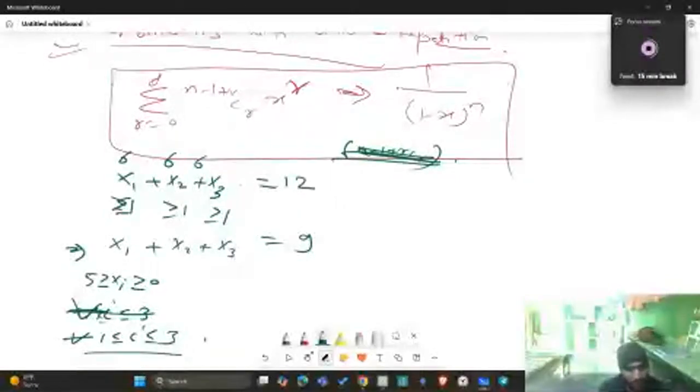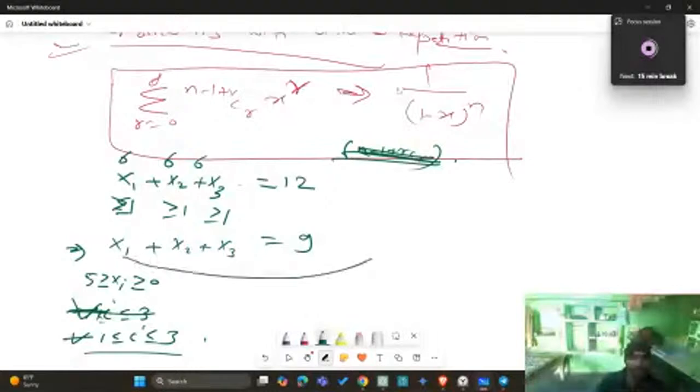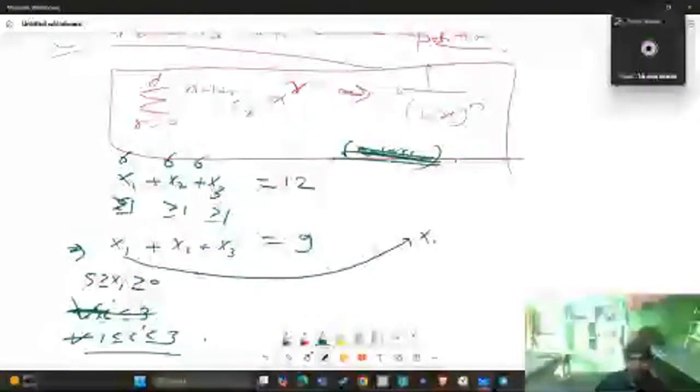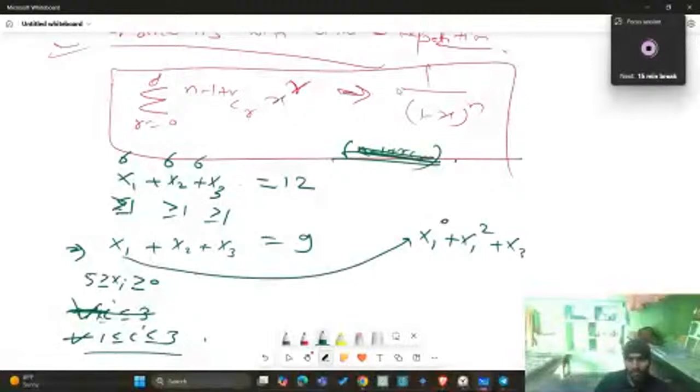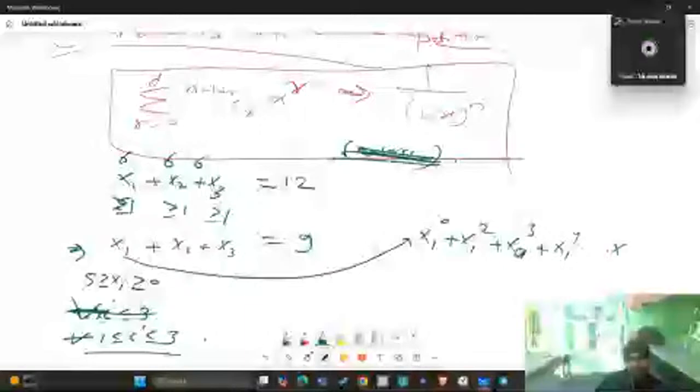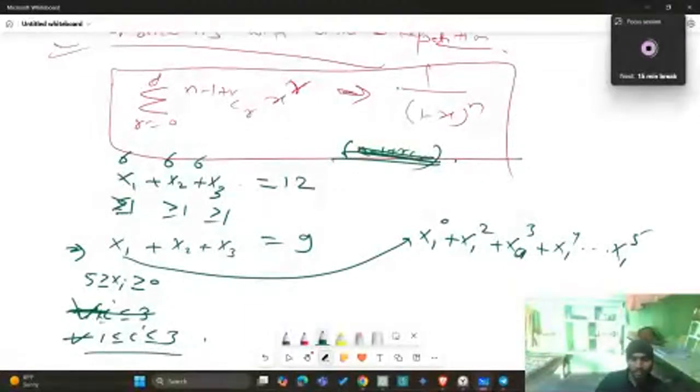So there is a detailed approach and a smaller approach. For the detailed approach for this problem, x can be x1 power 0, x1 power 1, x1 power 2, x1 power 3, x1 power 4, x1 power 5.